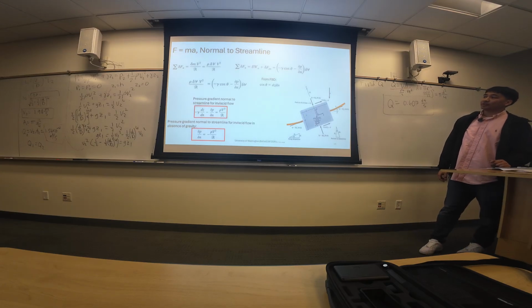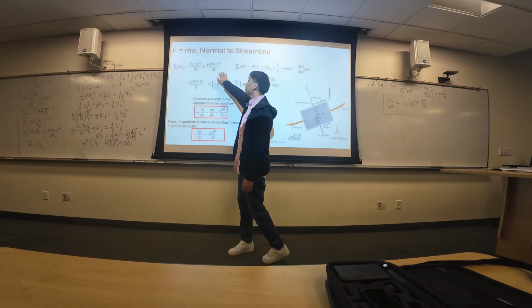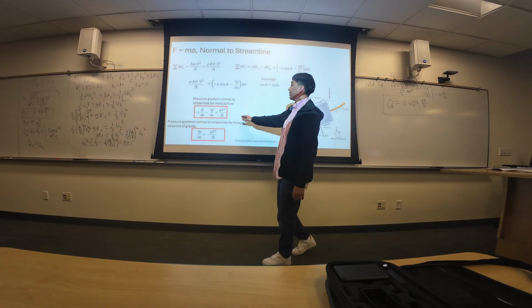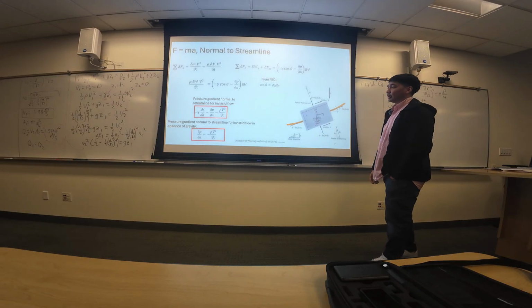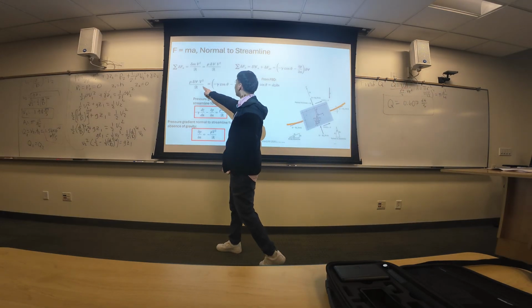Now we set our sum of forces equal to ma, right? Remember, our ma is up here. The sum of forces that we just did is right here. You set them equal to each other, and then you just cancel out your delta v.